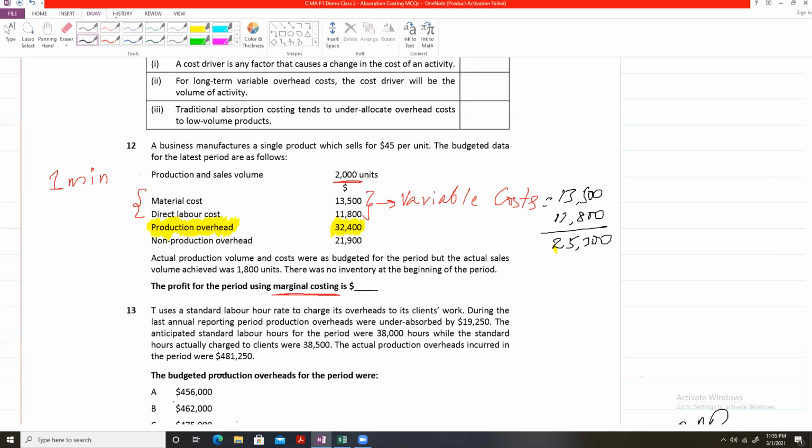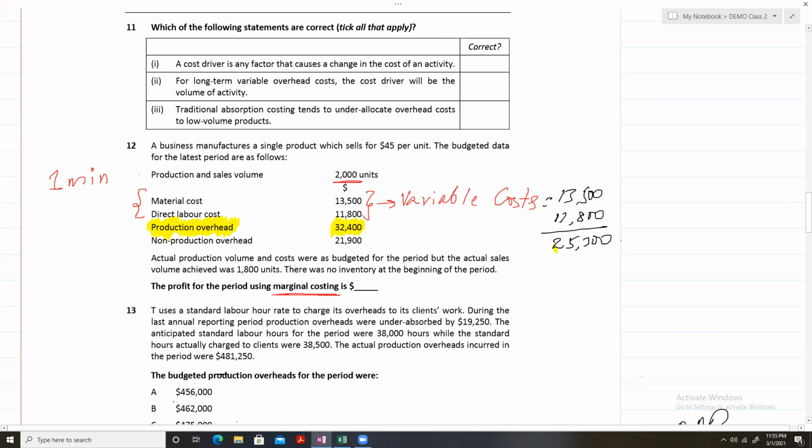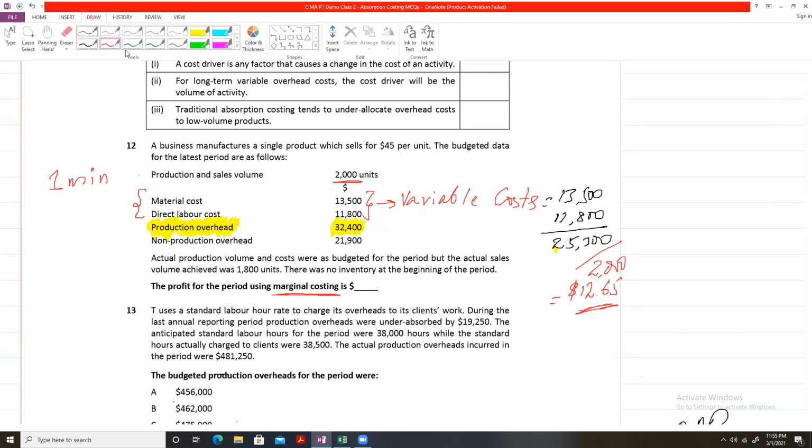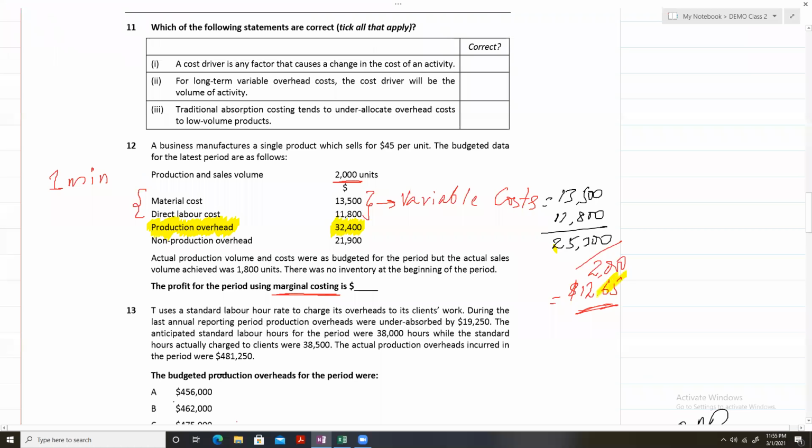Divide this 25,300 by the number of units produced, that is 2,000, and you will get $12.65 per unit. This is the value of each unit of inventory under marginal costing.